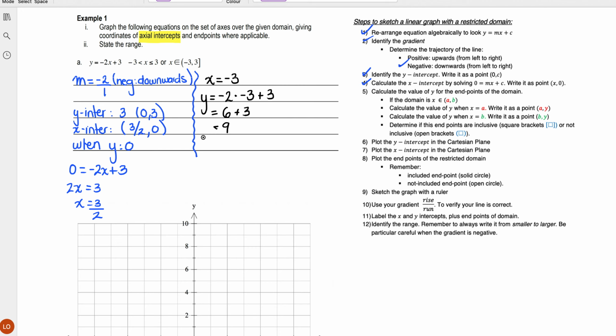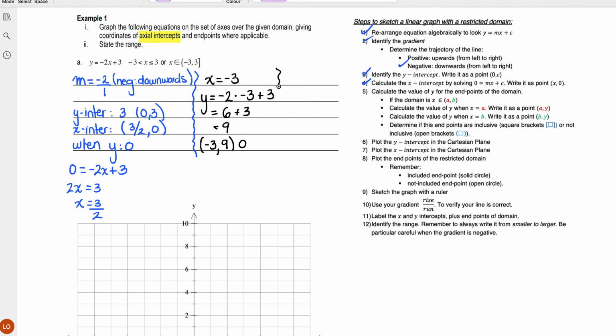Therefore, this point, now, is it included or not included? It's not included. So negative 3, comma 9, not included. To make it clear, I'm going to put an open circle like this. When I'm sketching it, it's going to be an open point. It's not going to be dark like the other one.